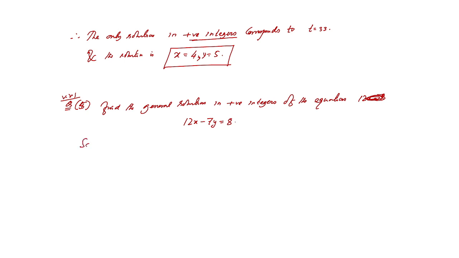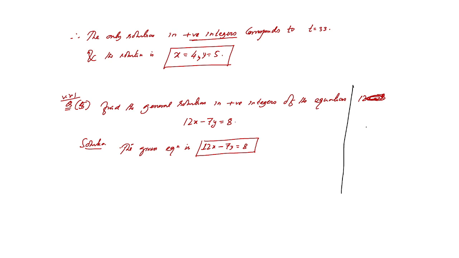Okay. So how will we solve? Initially the problem was in the form of ax plus by equals c. Now it is ax minus by equals c. But okay, the process is basically the same. Since the given Diophantine equation is 12x minus 7y equals 8, you will find the GCD.